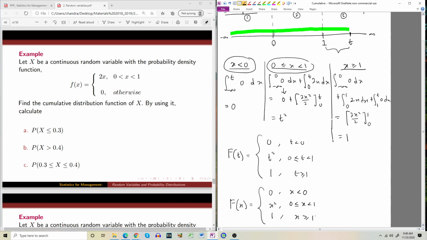Okay, this is how I teach the students. Once we write in t and then we write in x, but if you don't want to write this, you want to write this straight away, x also can, no problem. So this is the answer. Cumulative distribution function is, this is the answer.